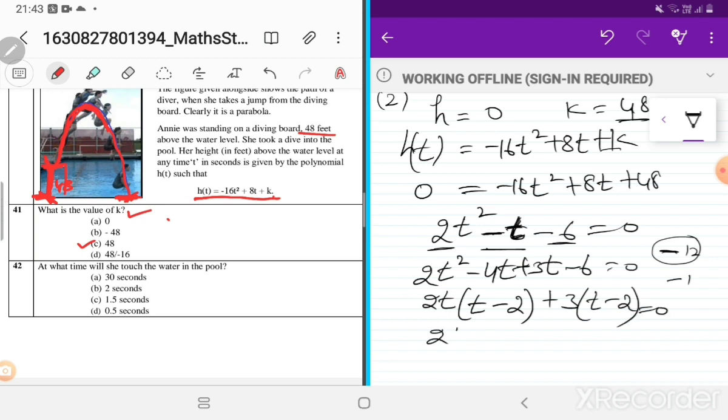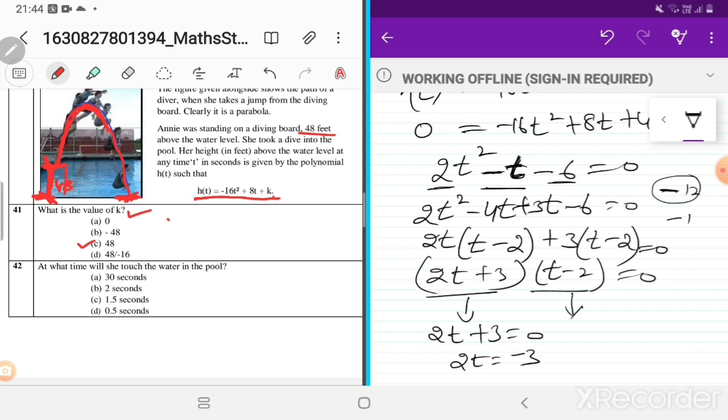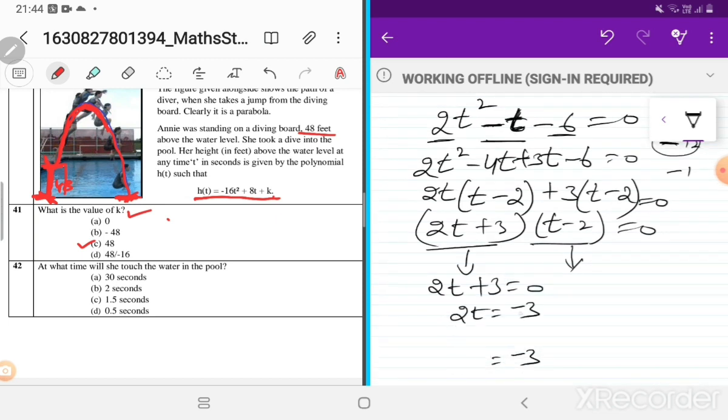So I now have 2t plus 3 and t minus 2 equals 0. I have these two factors. If the product of two numbers is 0, then either this number will be 0 or this will be 0. If 2t plus 3 is 0, then 2t is minus 3 and t is minus 3 by 2.